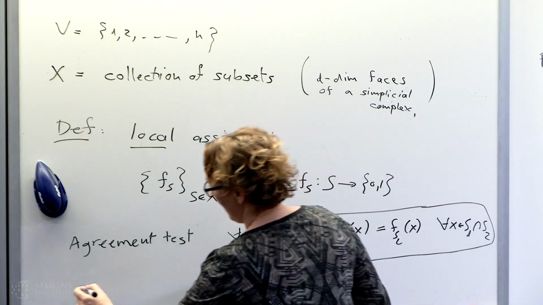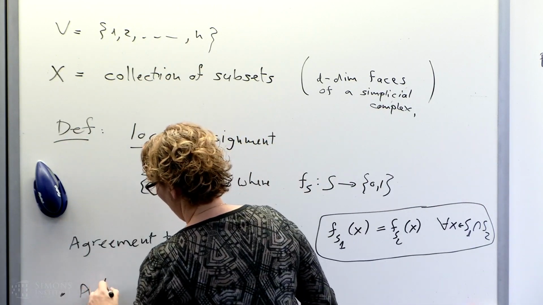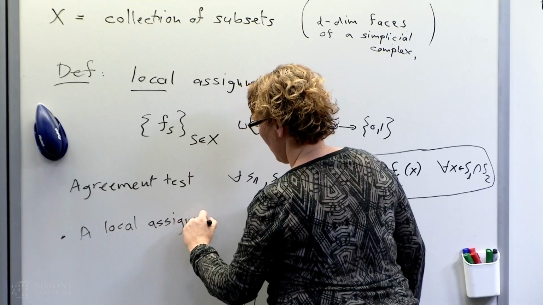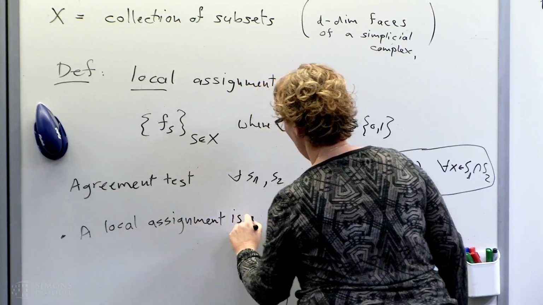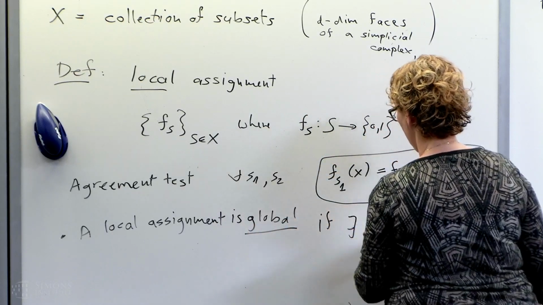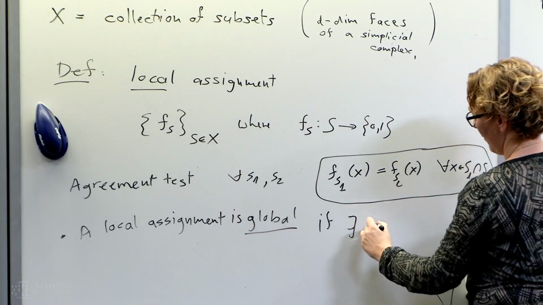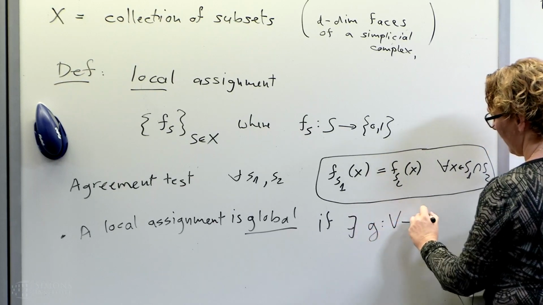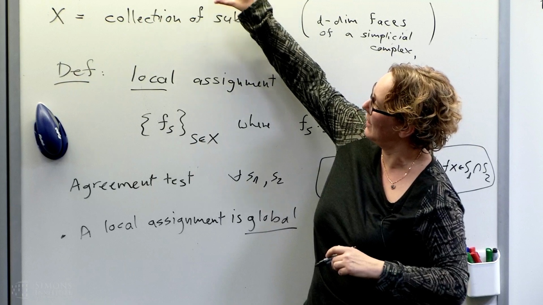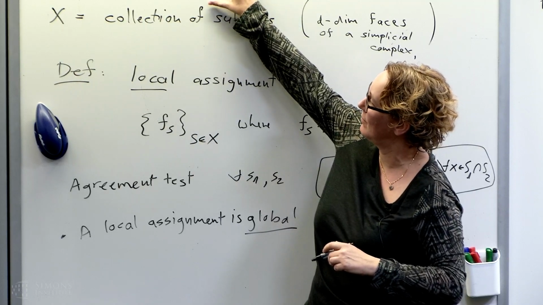So a local assignment is global if there is some function g on the vertices, so these are all subsets of some set of vertices.